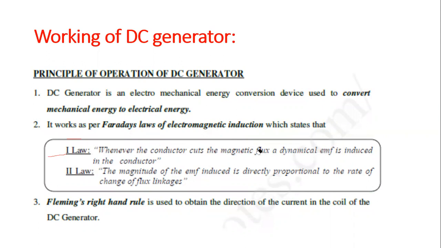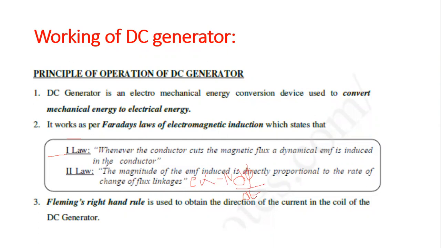Next, the second law: the magnitude of the induced EMF is directly proportional to the rate of change of flux linkages. That means E is directly proportional to minus N d phi by dt, the rate of change of flux linkages.